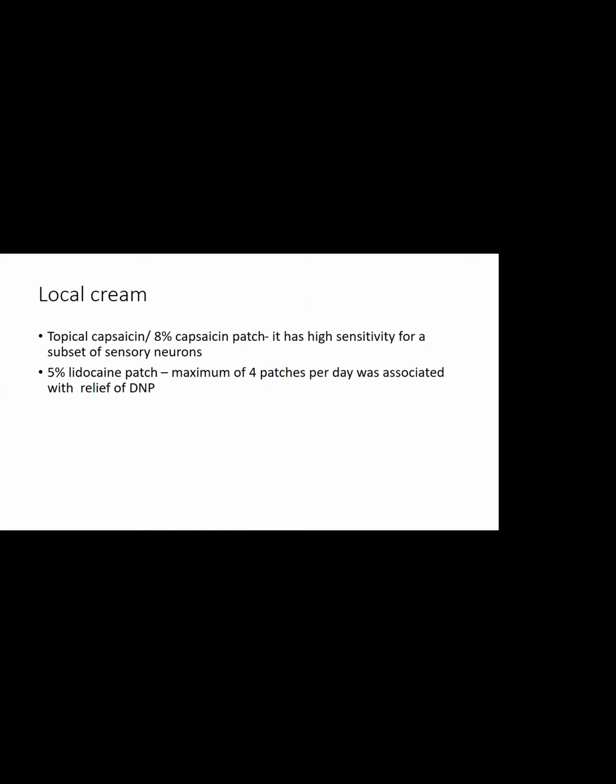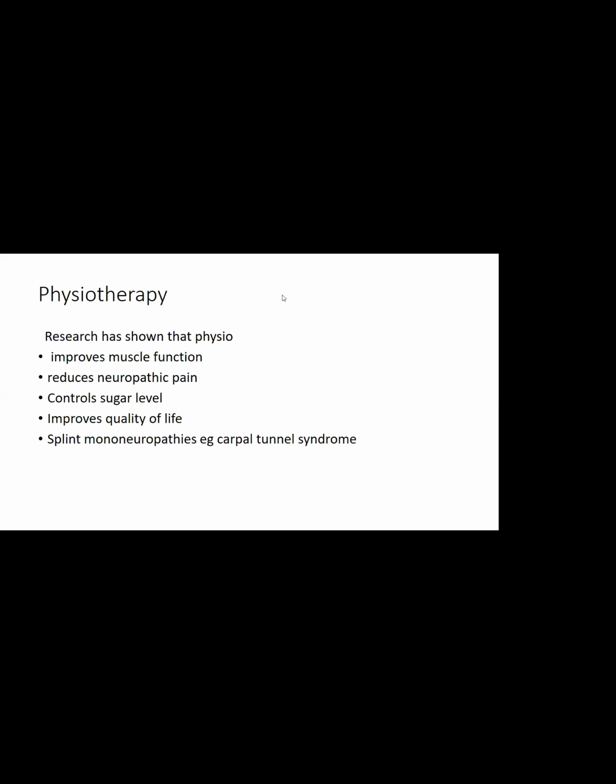Also, local creams can be applied to the sites of pain. An example is topical capsaicin; the 8% capsaicin patch has high sensitivity for some subsets of sensory neurons. The 5% lidocaine patch has also been used, for a maximum of 4 hours, with relief of diabetic neuropathic pain.